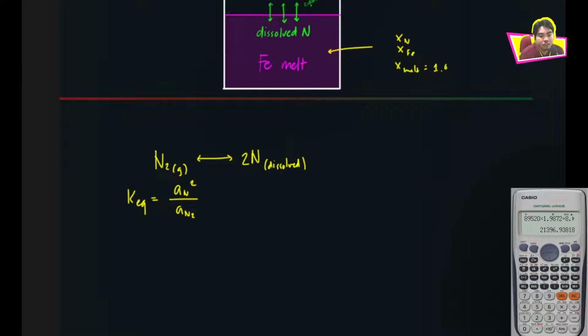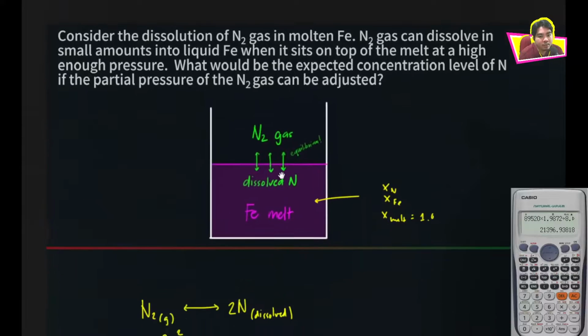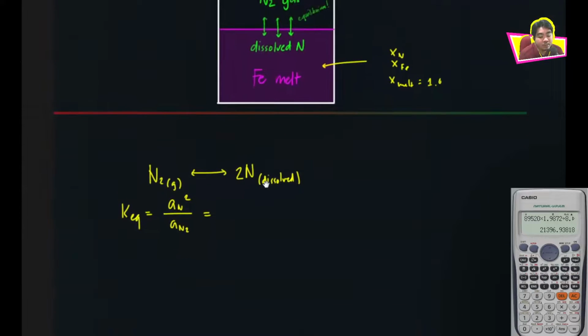Now, yung activity, we compute for it. So the activity of your dissolved nitrogen will be equal to, and we are not assuming ideal conditions dito. So we are noting na non-ideal yung behavior.